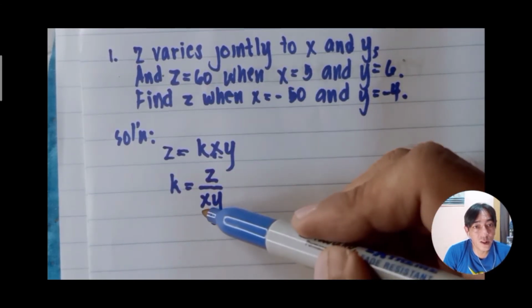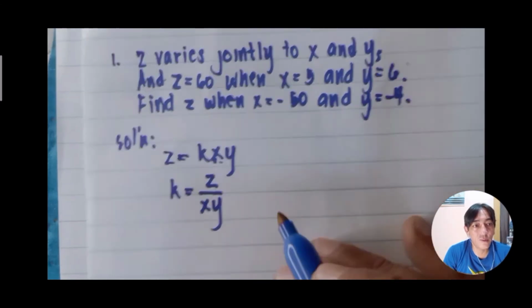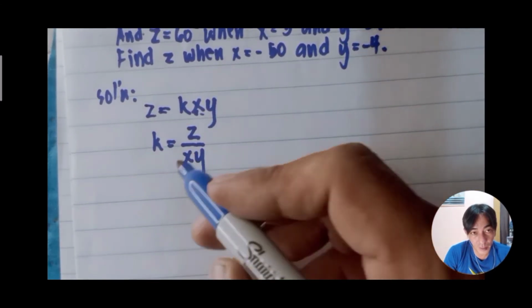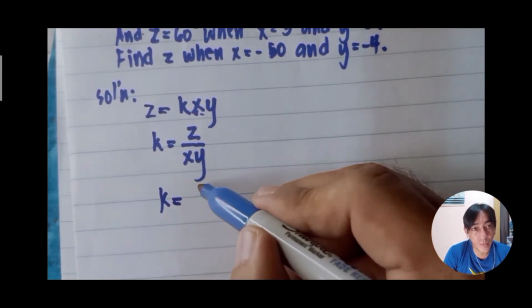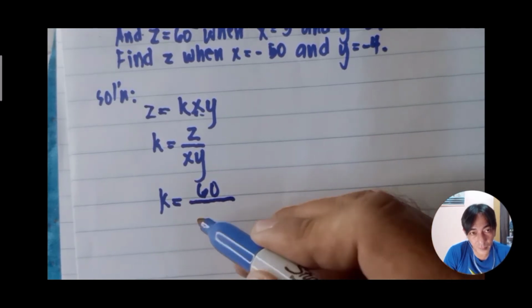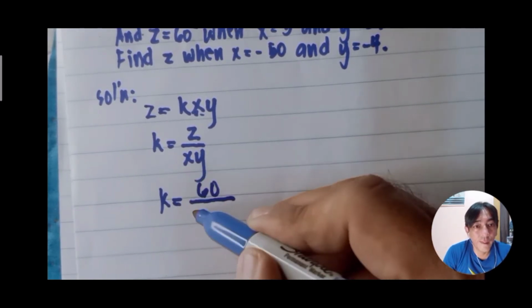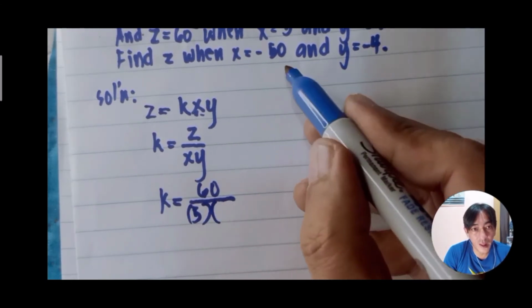Z daw is 60 when x is equal to 5 and y equals 6. So let us solve for the value of k. K now is equal to 60 divided by 5 times 6.